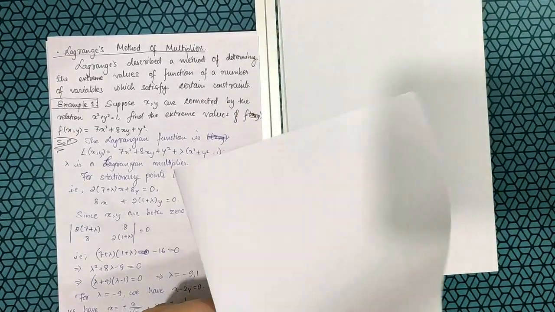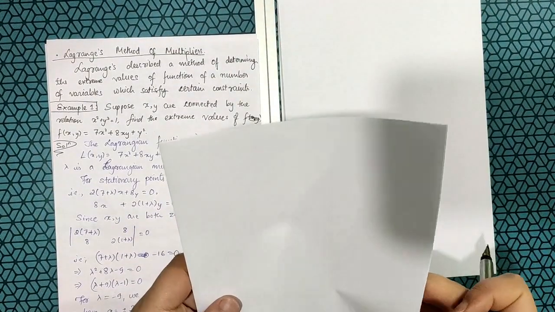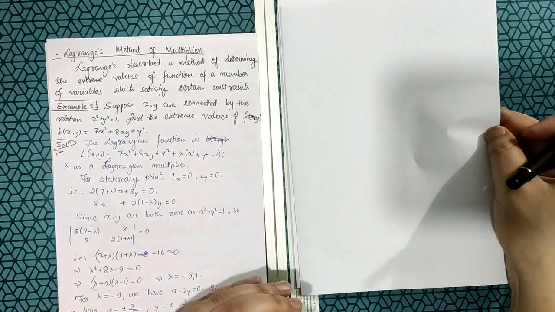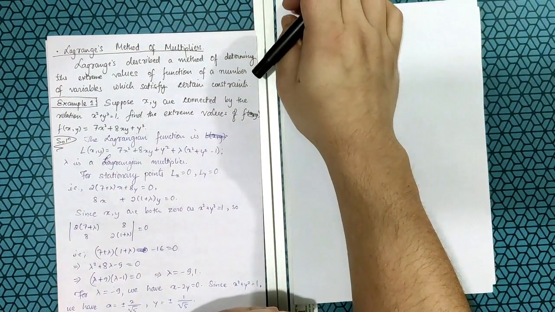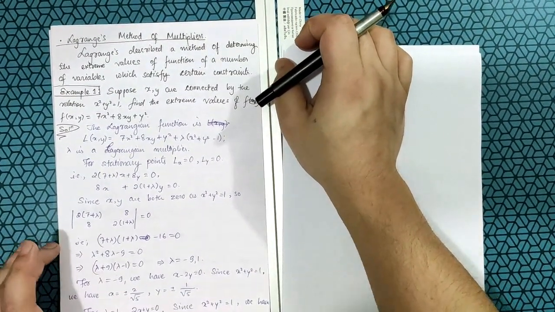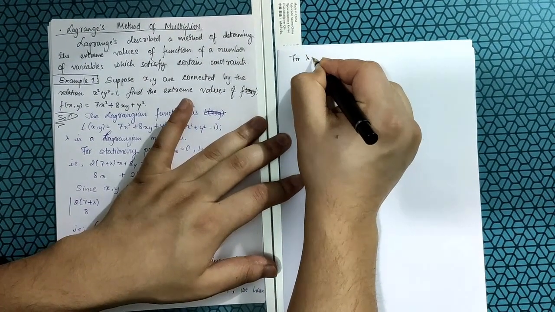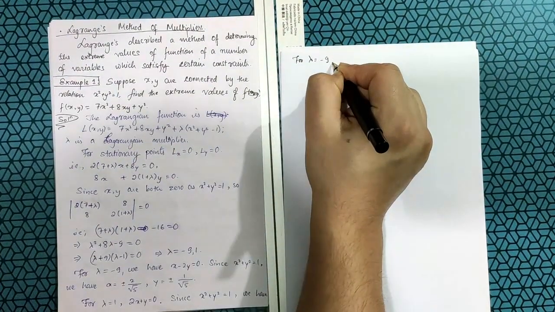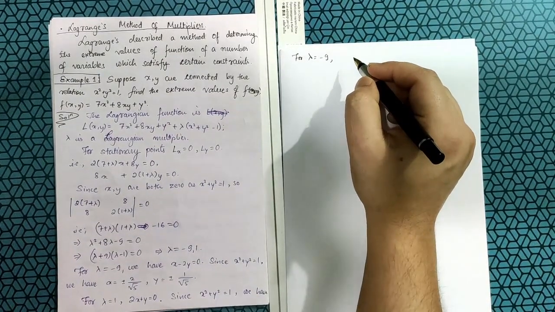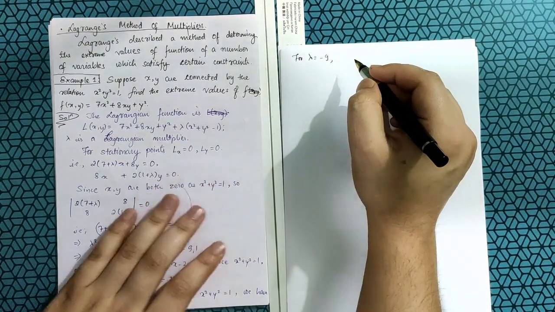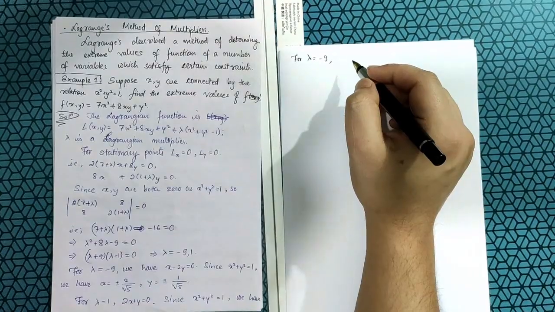So now, for lambda is equal to minus 9, let us see what we have.